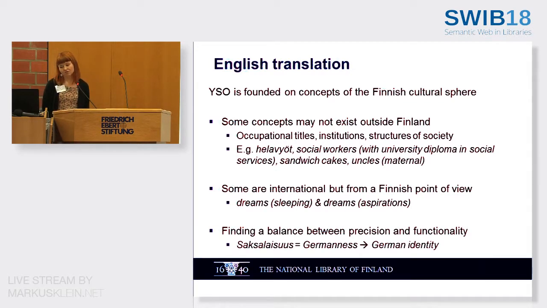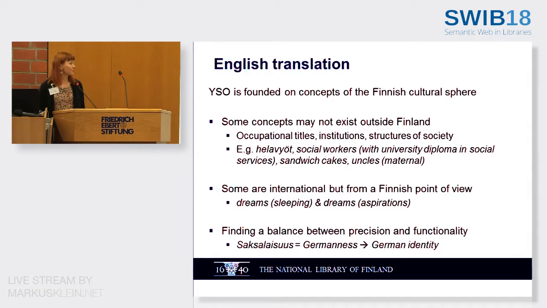And there is a constant struggle of trying to find a good balance between precision and functionality. We have a term that would translate into English as Germanness or the quality of being German. That would be the precise way to say it, but it's not really functional or understandable.